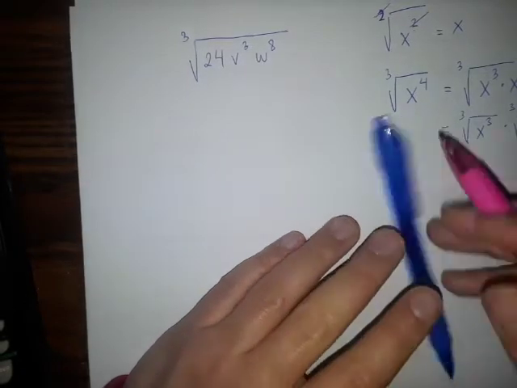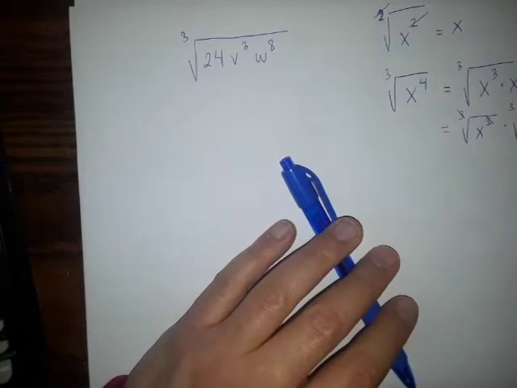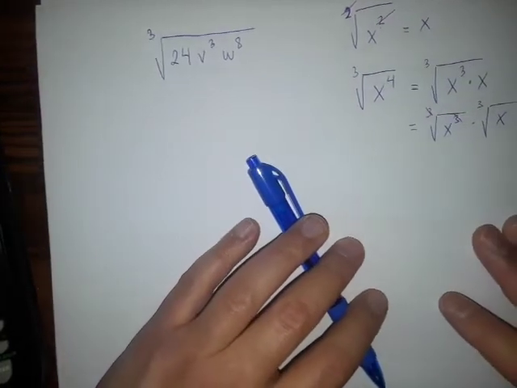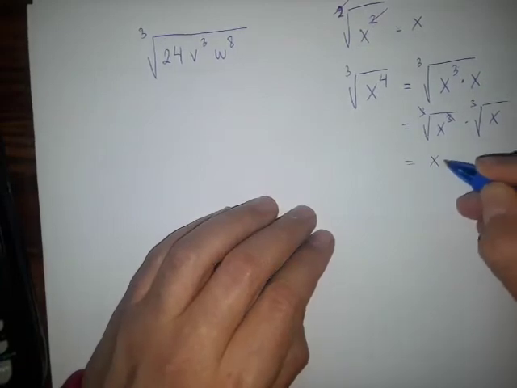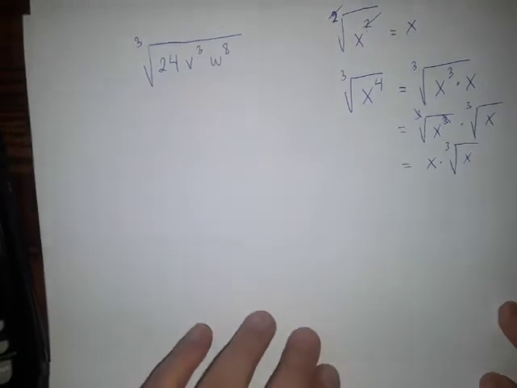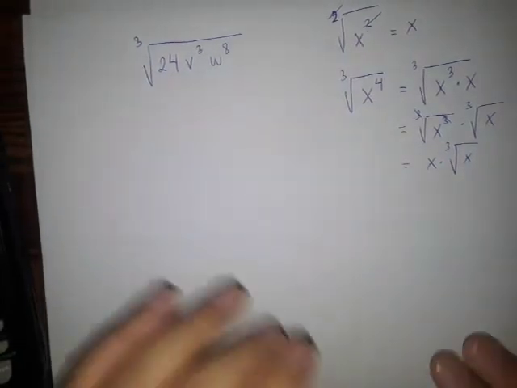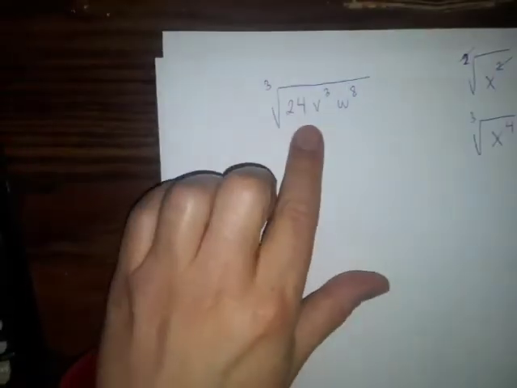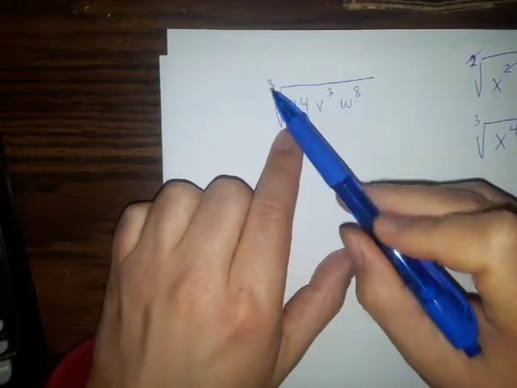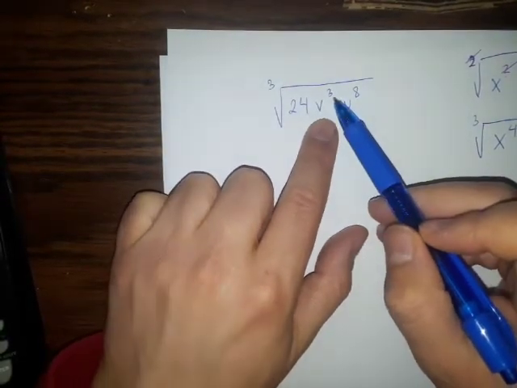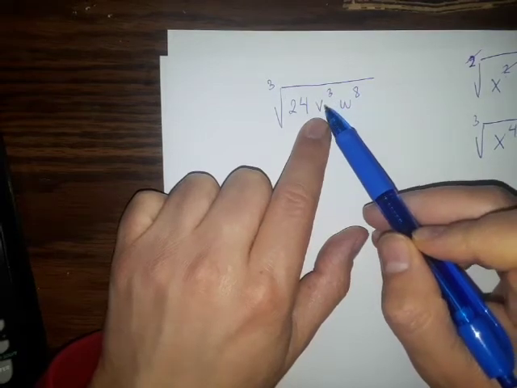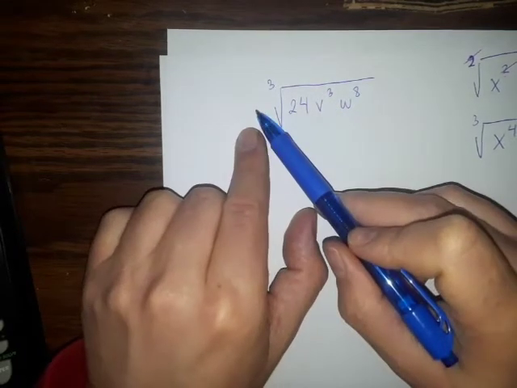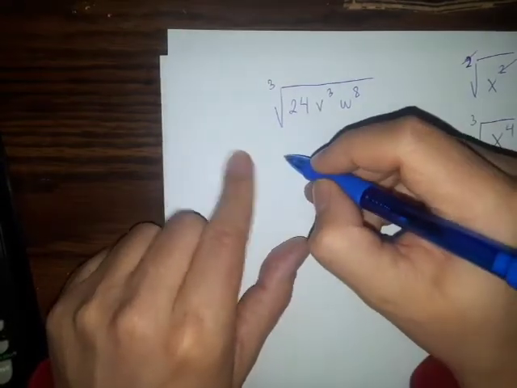That means that this will cancel out, and then we'll have x times the third root of x. So the way we can look at this is, anything can get out of here as long as it's to the power of 3. That's the way it works. As long as anything is to the third power, it can get out of the root. I think that's a good way to say it.